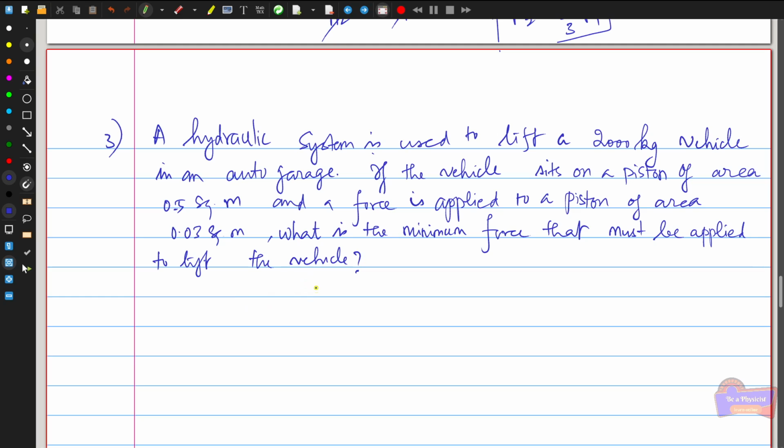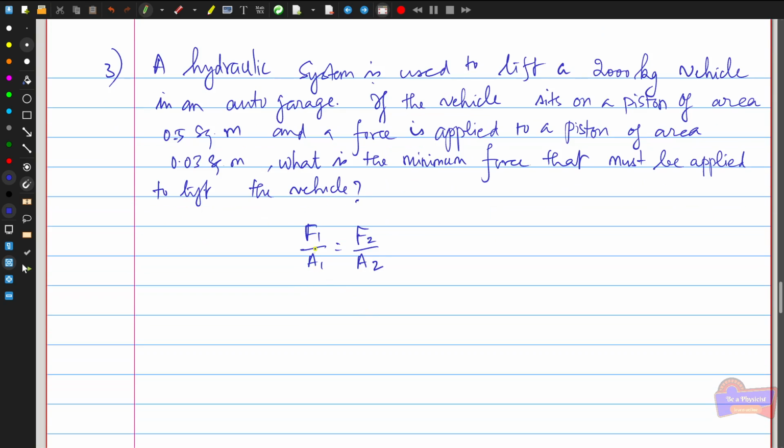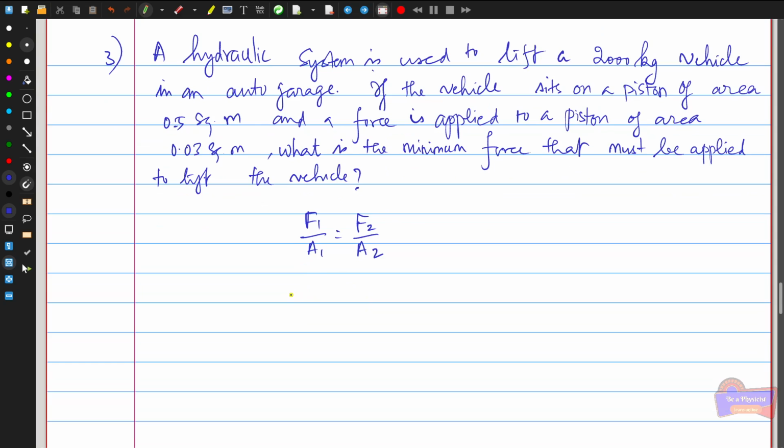According to Pascal's principle, F1 divided by A1 is equal to F2 divided by A2. So I can write F1 equals A1 divided by A2 times F2. F2 is not directly given, but we have the mass, so I can easily find the weight of this vehicle.